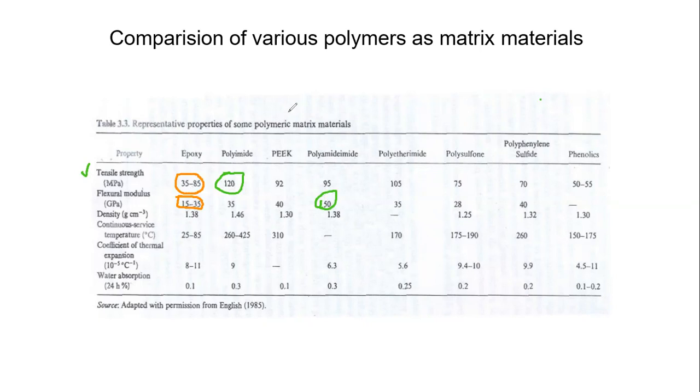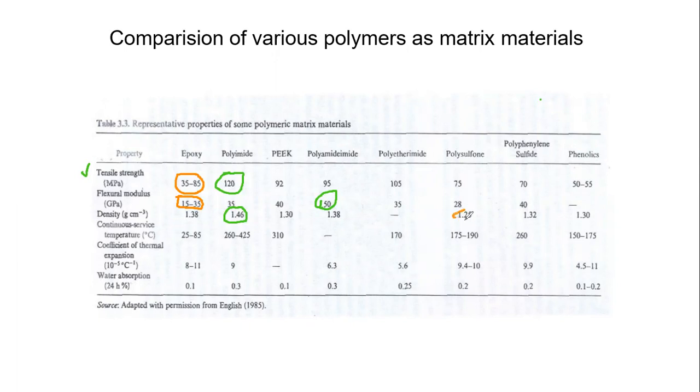Next, coming to the density, the density of all the polymers is approximately equal in nature, but the polyamides has the highest density, that is 1.46 grams per cubic centimeter, and the least one is polysulfone.